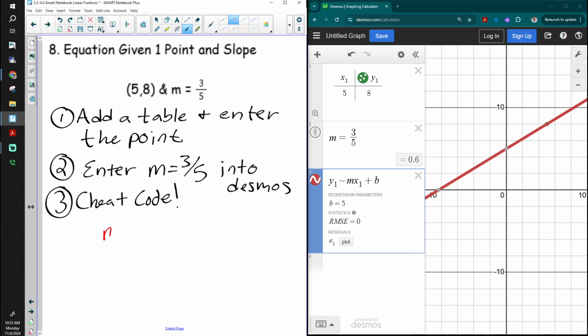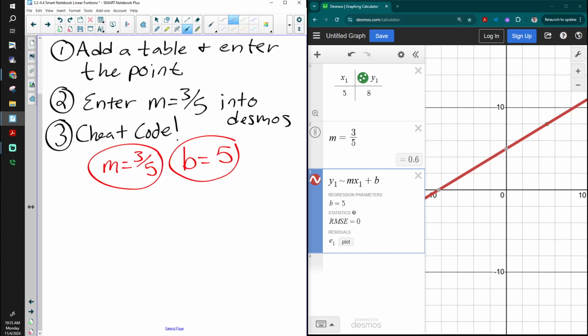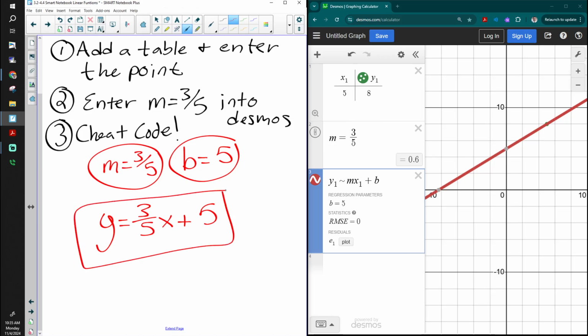So I know m is 3/5. It told me that. And I know b is 5. So my final equation is y equals, bingo, done.